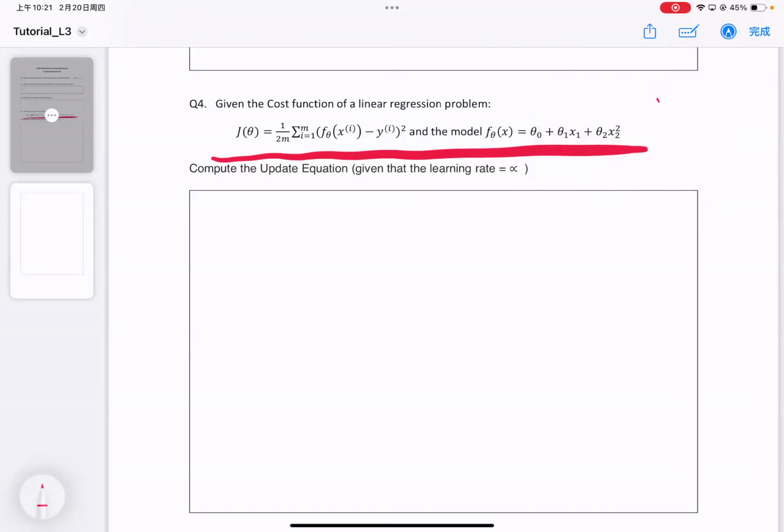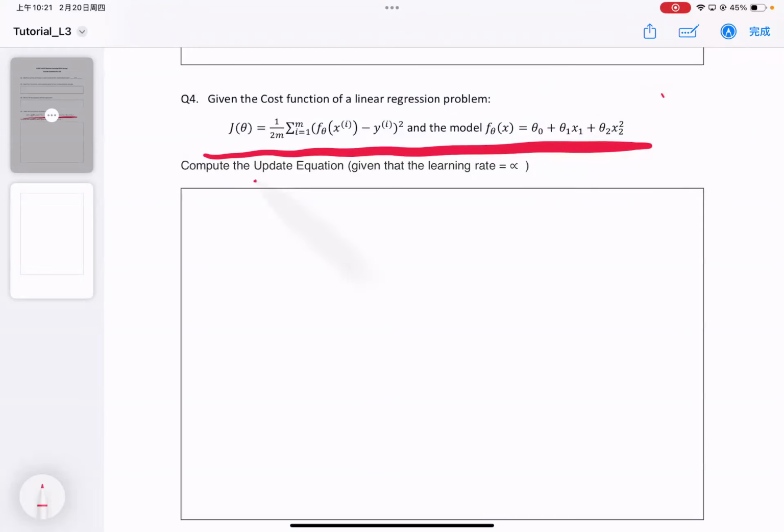Okay, so here it asks you to compute the update equation and gives you a model here. And here is the loss function. When you say J theta, something like this, it means the loss function.